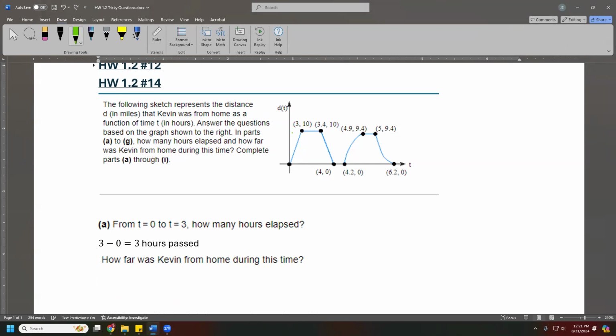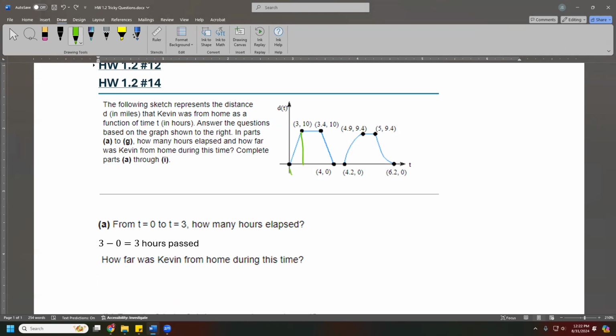Basically I'm talking about this little chunk of time right here. How far he is away from home depends on what time specifically, right? If I look at this time, he's barely away from home. If I check this time, he's way further away from home. So the answer is, it depends.